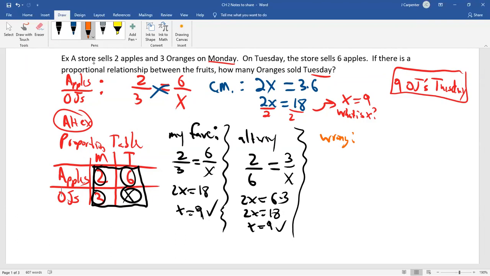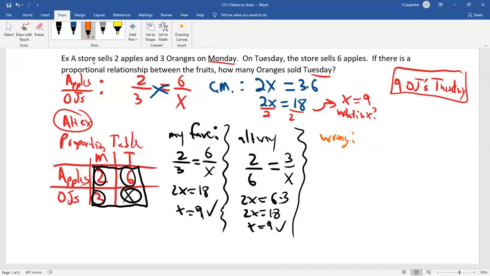Instead of going top over bottom, I can go bottom over top. 3 over 2 equals x over 6. After you cross multiply, that orientation is no longer visible. But you can still do this 8 or 16 ways wrong if you're not paying attention. Because again, consistency is the key. Going left to right, going left to right, top over bottom, or right over left, however you wish to do it.